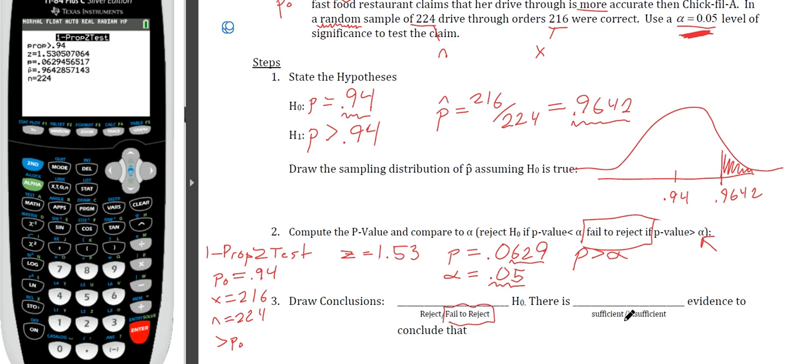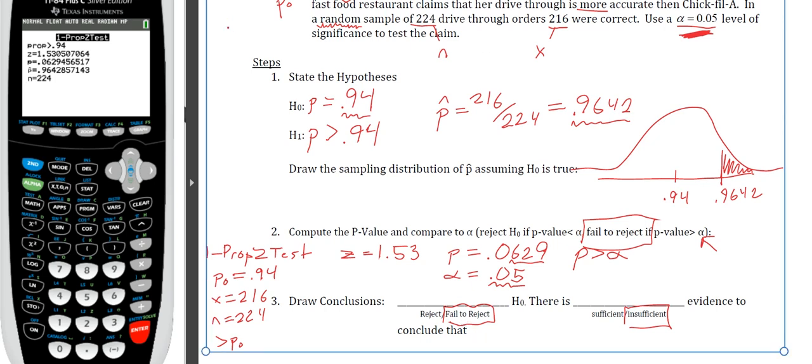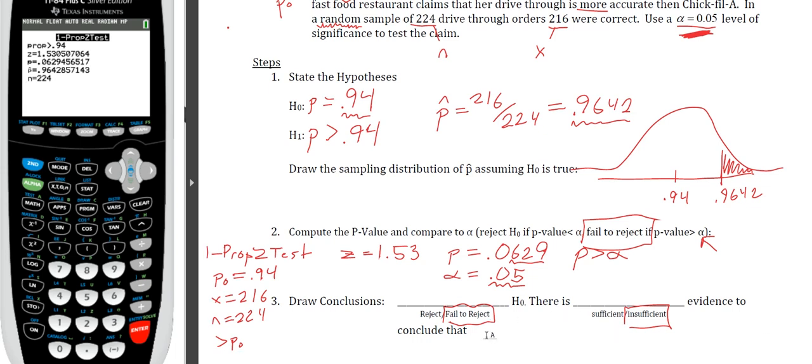And that is because there is insufficient evidence to claim that the competing fast food restaurant has a significantly higher accuracy than Chick-fil-A.